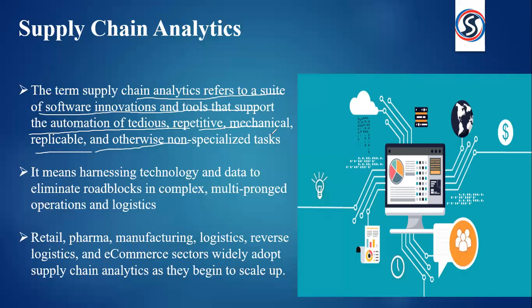So each piece of the software mentioned may have its own reporting capabilities that shed light on that specific step in the supply chain, like the predicted lead times for suppliers, the current safety stock levels at the warehouse, or the orders fulfilled per hour. But supply chain analytics are most powerful when all these systems are integrated.